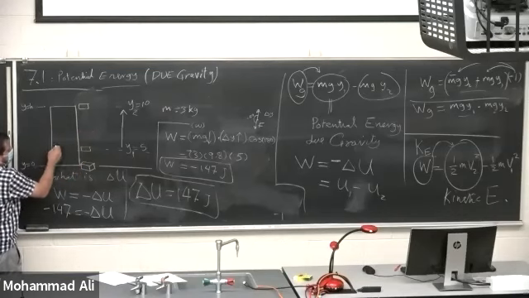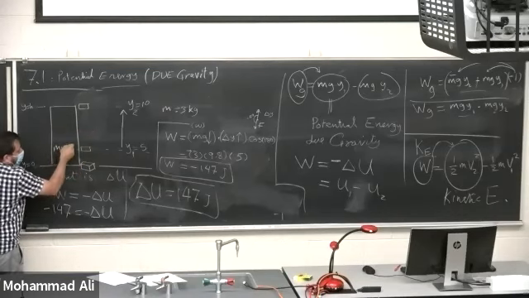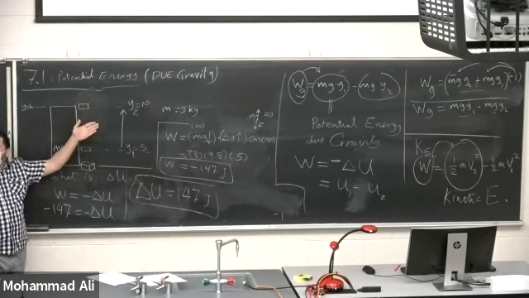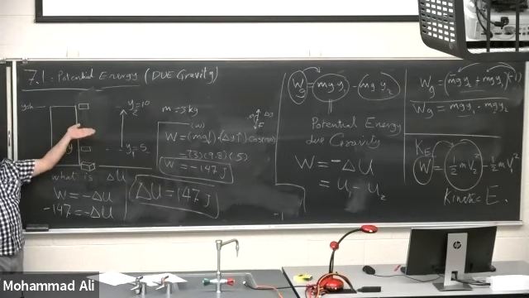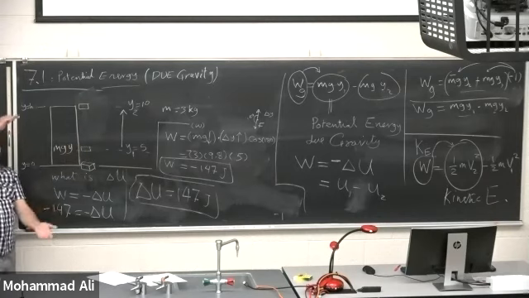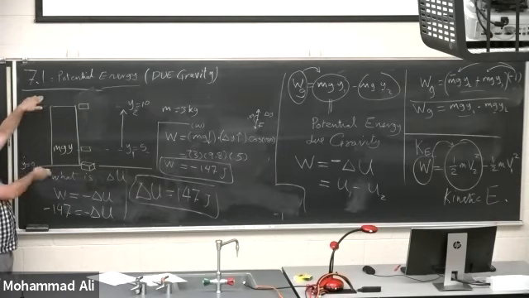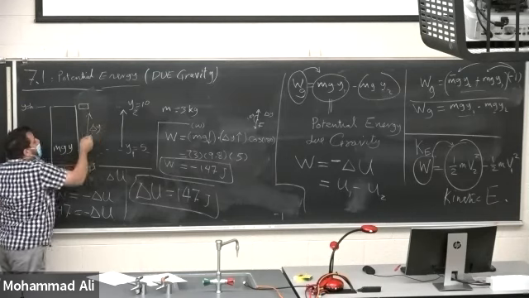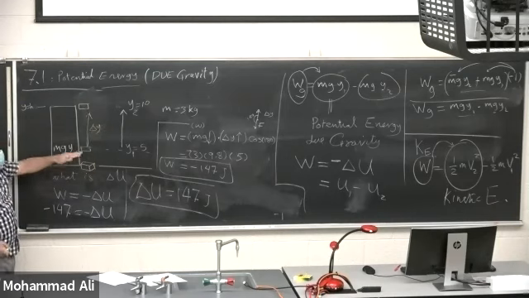We have m, g, y. M is constant for the same object. G is constant. There is no difference between the two g's in this altitude near the surface of the ground. But y is different. This is delta y. So the change in potential energy will depend on the change of altitude.